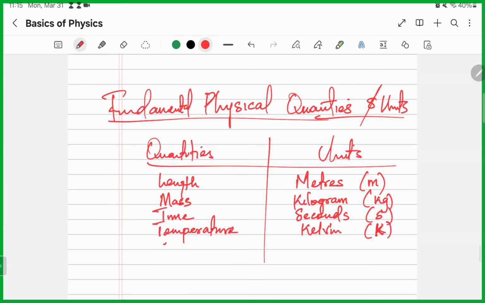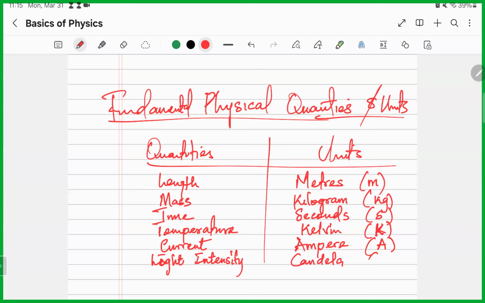So I'll say current. I'm going to put ampere as the unit, and this time I have a capital A. Another fundamental quantity is light intensity. I'll say the unit of that is candela, which I'll put as a C and then a small d, Cd.